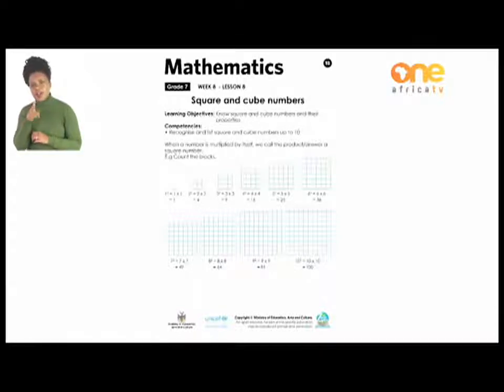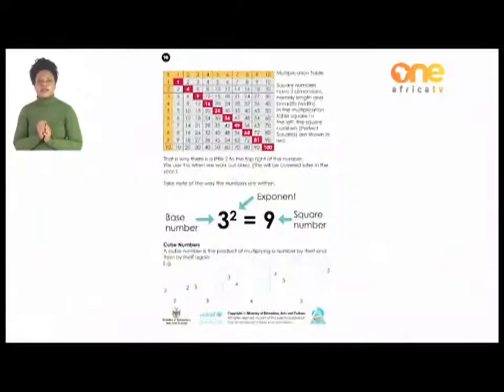Now we have to move to page 16. On page 16, there is a multiplication table whereby there are numbers colored in red, and blocks, and some which are yellow.